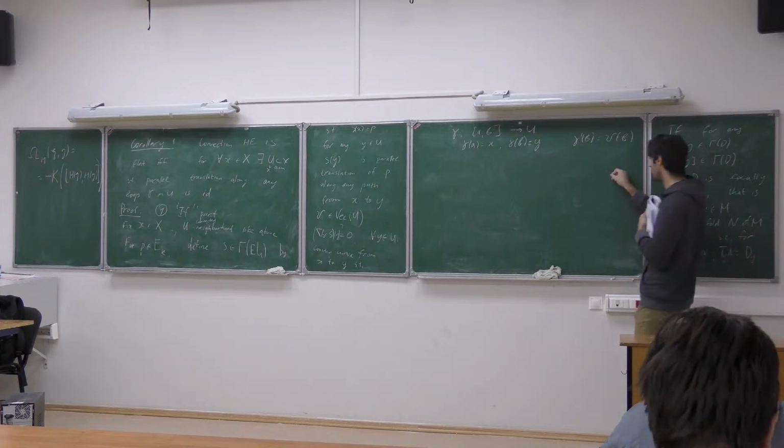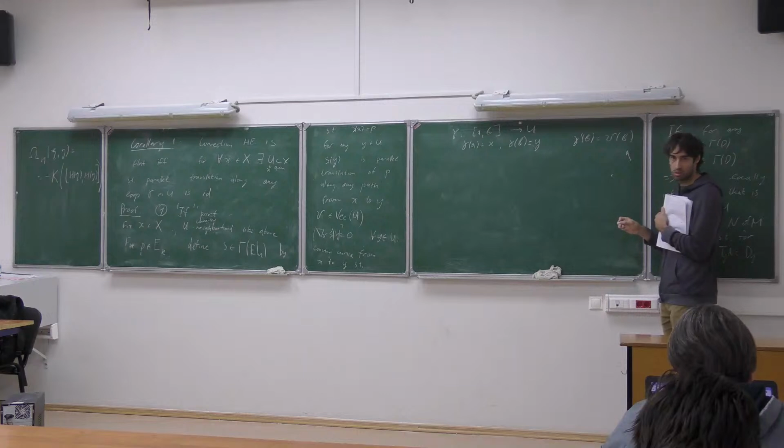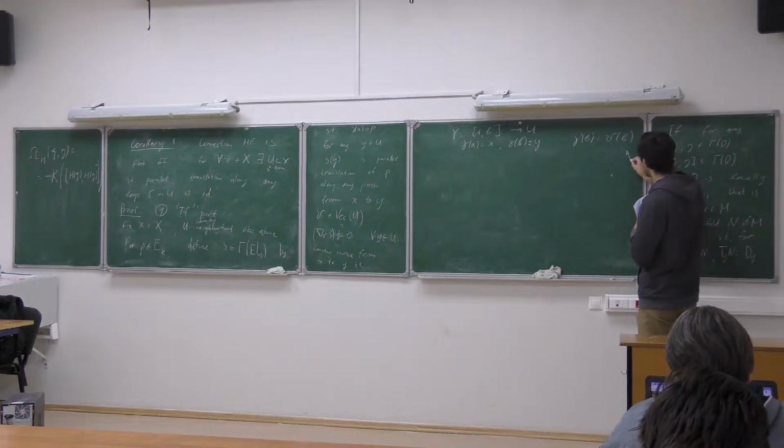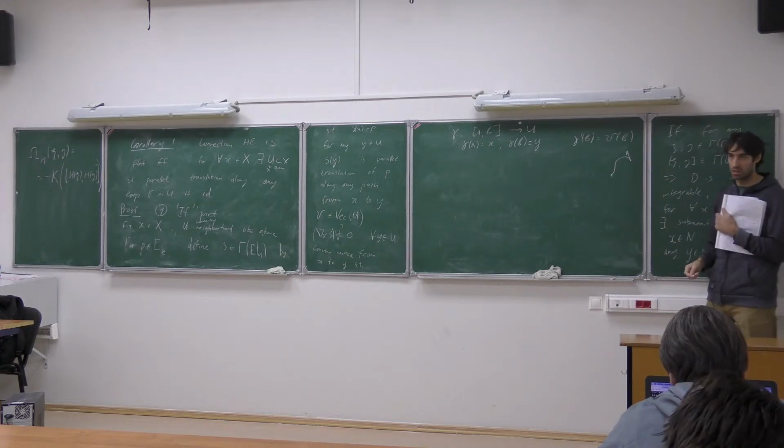If I take two points and a vector at this point, I can of course construct a curve that goes from this point in this direction and then connect it to this point, right?